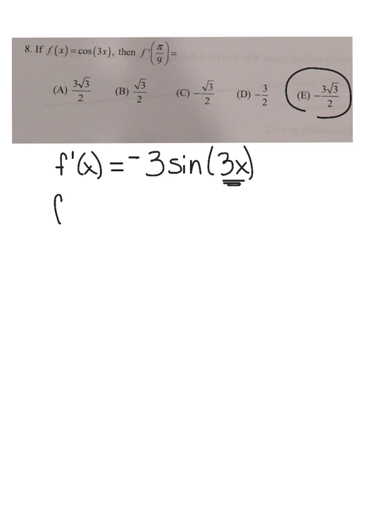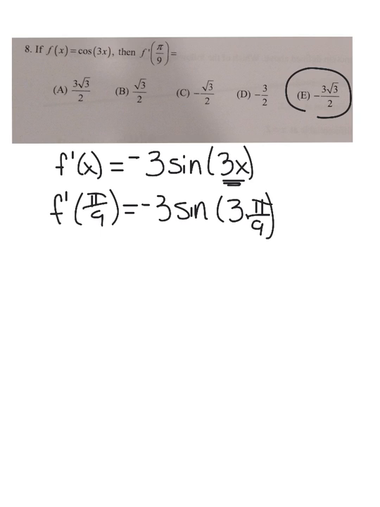Now they want me to plug in pi over 9. Okay, so negative 3 times the sine of 3 times pi over 9. Well, I can take that pi over 9 with that 3 and you see that becomes pi over 3. And I know that pi over 3 is, oh boy, 60 degrees, right?